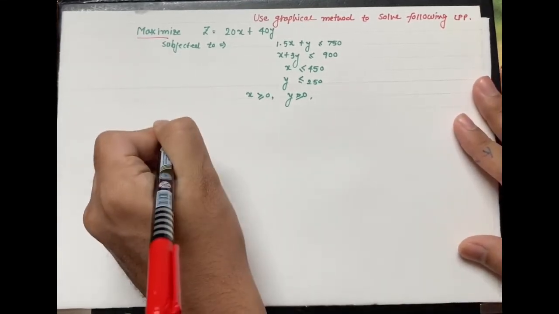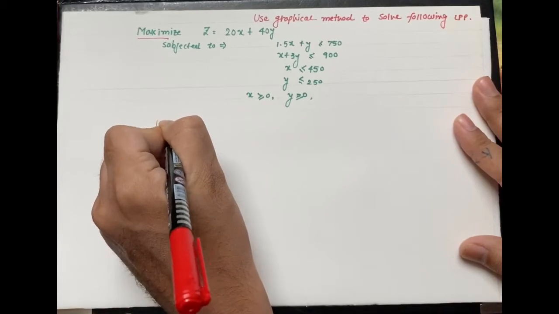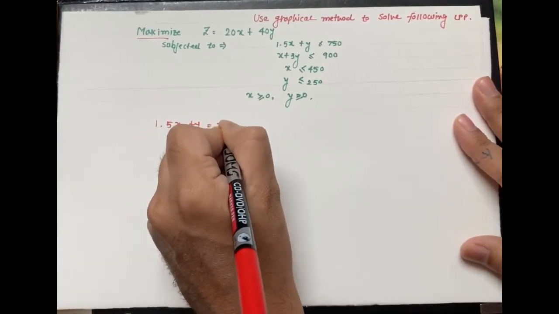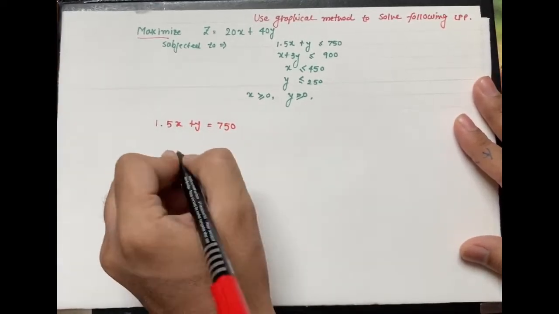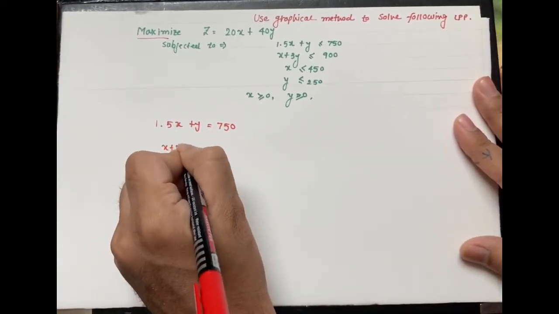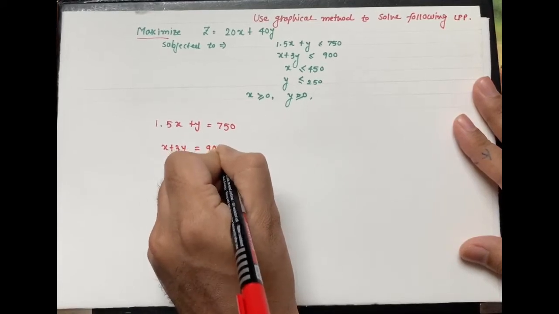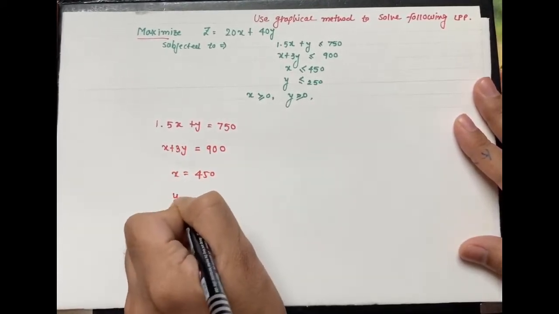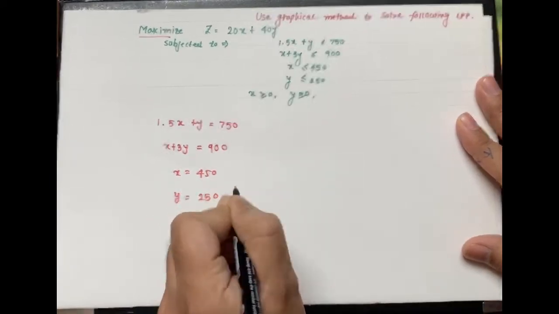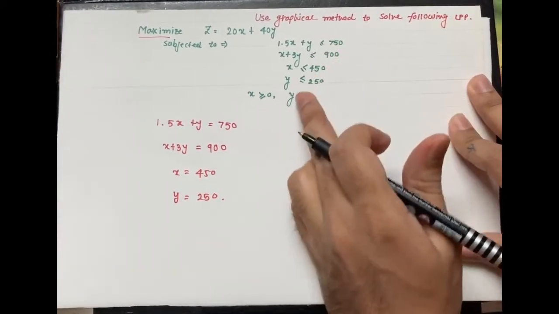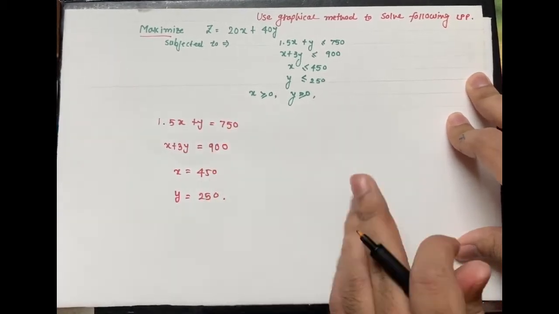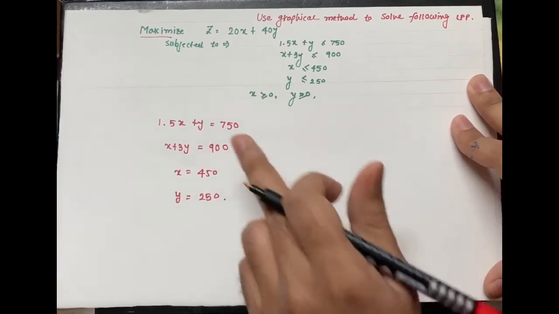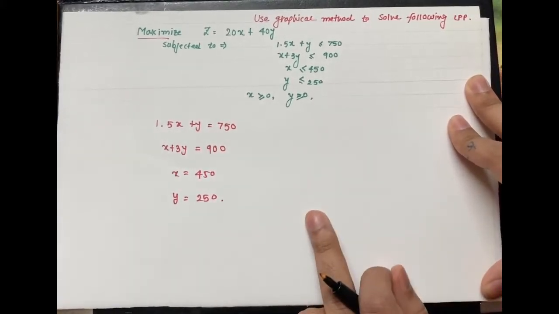Means I require to write simply this equation in the form of line: 1.5x plus y equals 750, x plus 3y equals 900, x equals 450 and y equals 250. This is the first step, that inequalities are converted into equal to form. So these are the equations of line.